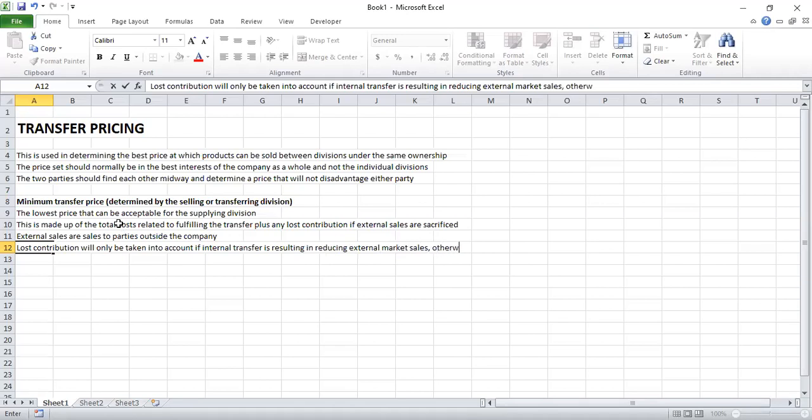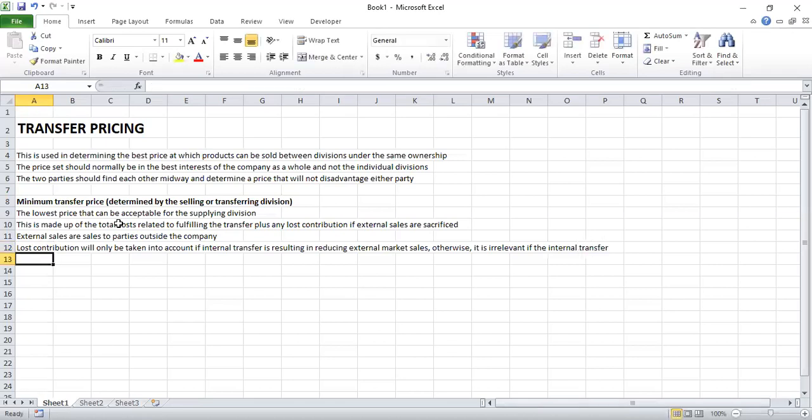Otherwise, it is irrelevant. If the internal transfer does not affect external sales.